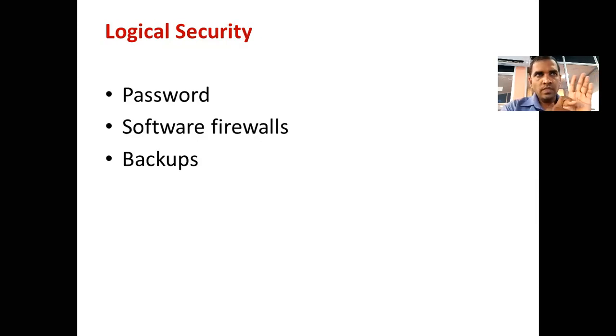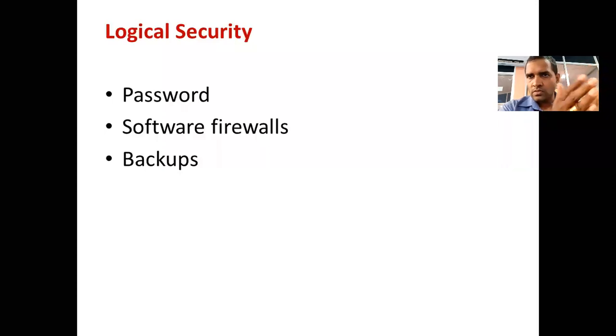Okay, that's first one. Second one, software firewall. I already talked about hardware firewall in physical security because a hardware firewall is a physical component. It protects the computer, so it comes under physical security. But this is not hardware, this is software, right? But this component also provides security to the computer.